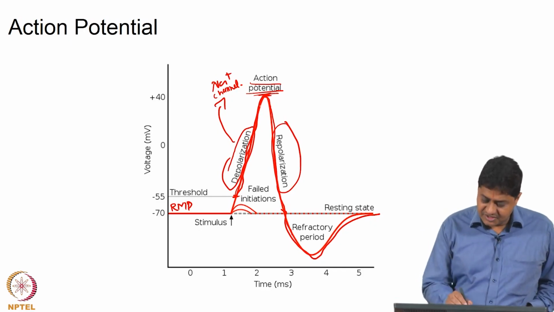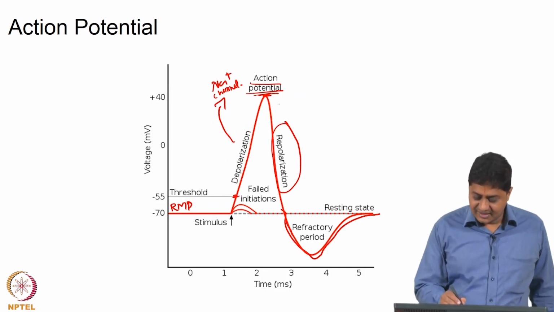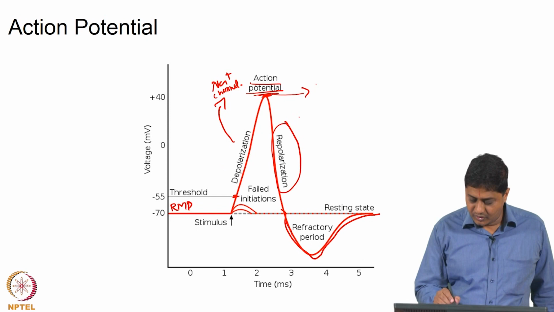That means it is possible for the membrane potential to remain at that value, but that is not happening. It is not remaining at that value, it is coming down like that. Something else must happen. So, what is that something else? At around that potential, voltage gated potassium channels open.